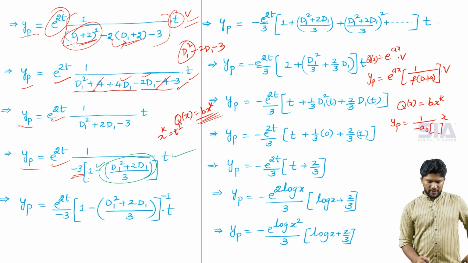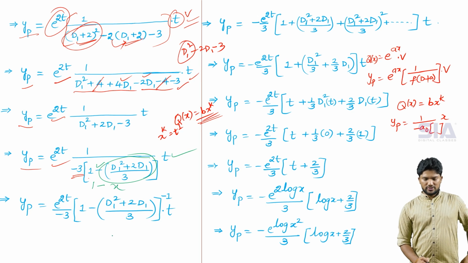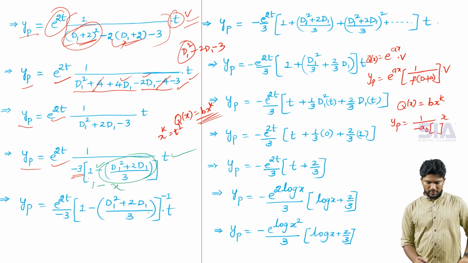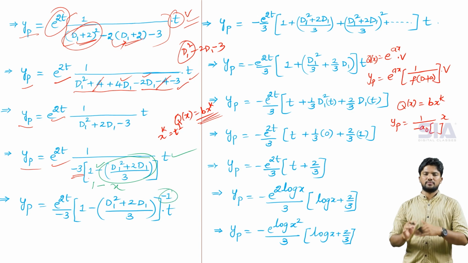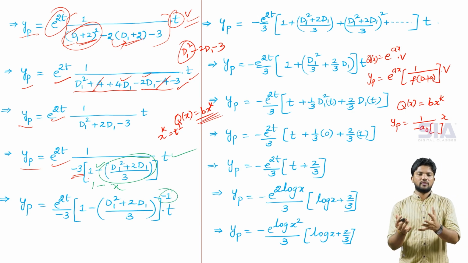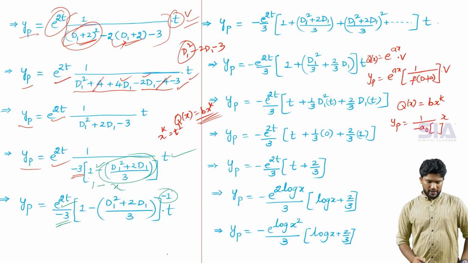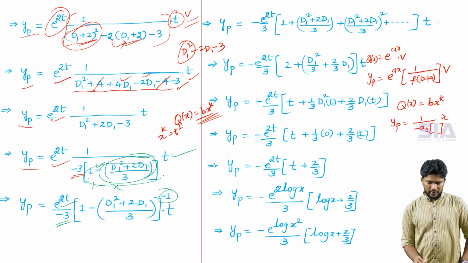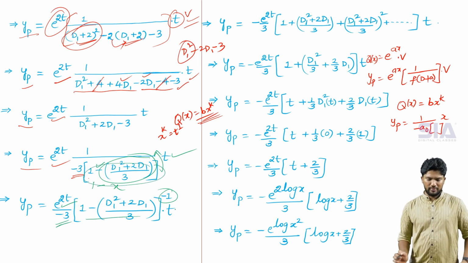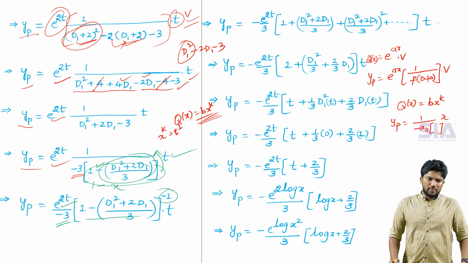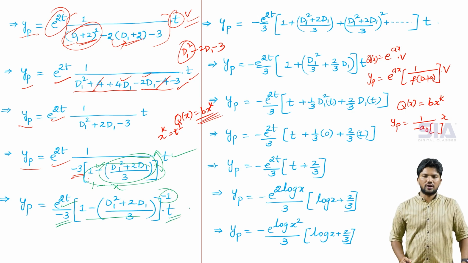So now it is in the 1 minus x format. Send the term to the numerator, then it becomes 1 minus x whole power minus 1. So e power 2t by minus 3 into 1 minus d1 square plus 2 d1 by 3, whole power minus 1, into small t.